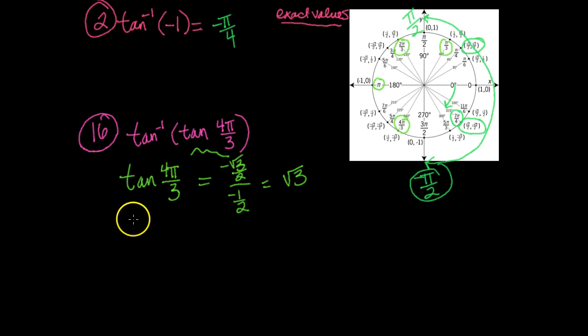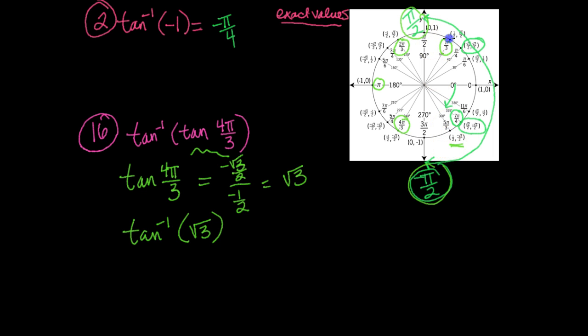Okay, so now I'm looking for what tangent inverse is equal to the square root of 3. So the tangent of what angle will give me the square root of 3? Well, remember, we are between negative pi over 2 and pi over 2, so somewhere in here I need to get a positive ratio. I'm not going to get a positive ratio right here because that would give me a negative value, because it'd be negative root 3 over 2 over 1/2.